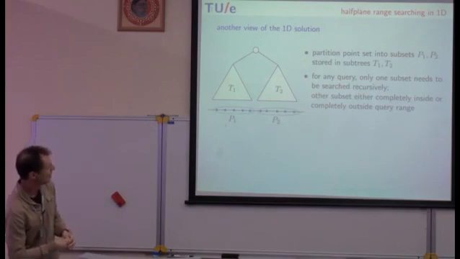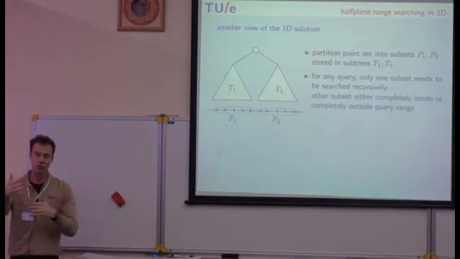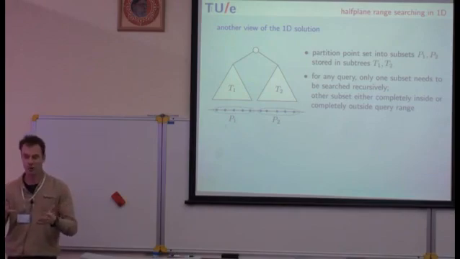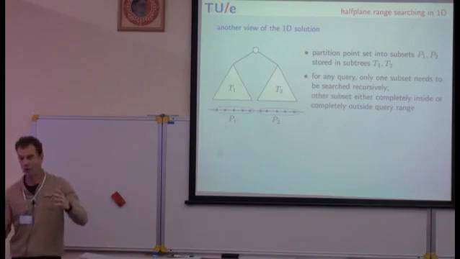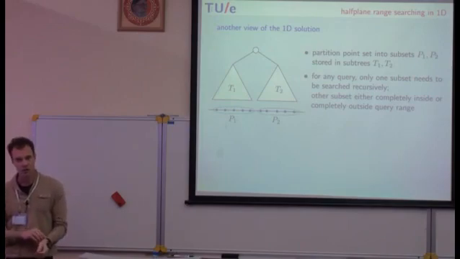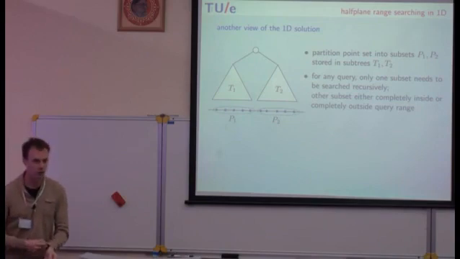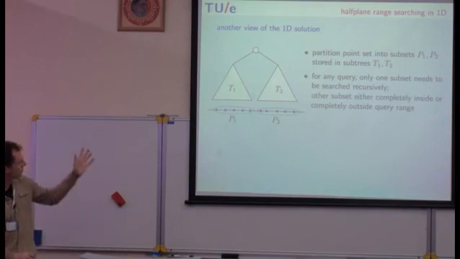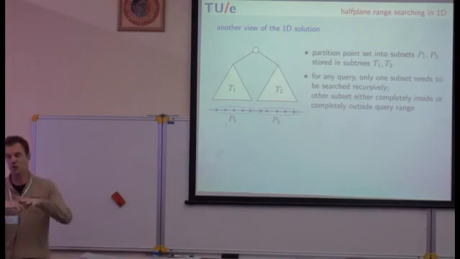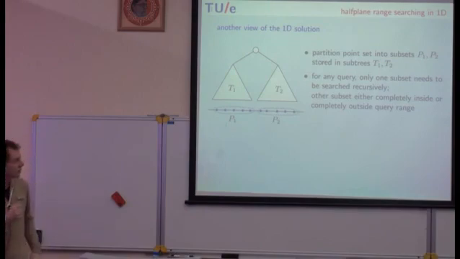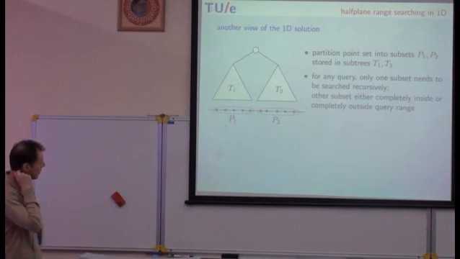But of course ordering in 2 dimensions is a little bit more difficult, because how do you order on x or y? So what we're going to do is look at this solution in a slightly different way. So instead of thinking about having an ordering, let's think about it in a different way.